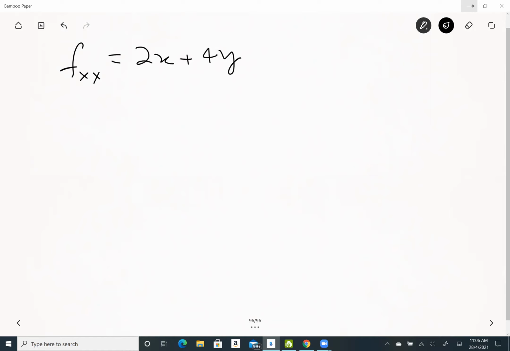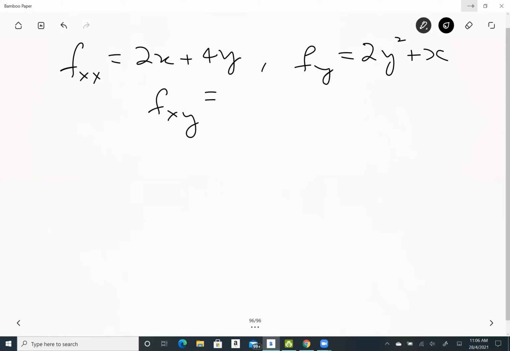That's an example, okay? And then fyy is equal to 2y squared plus x. All right? And then fxy, you don't question me anything.